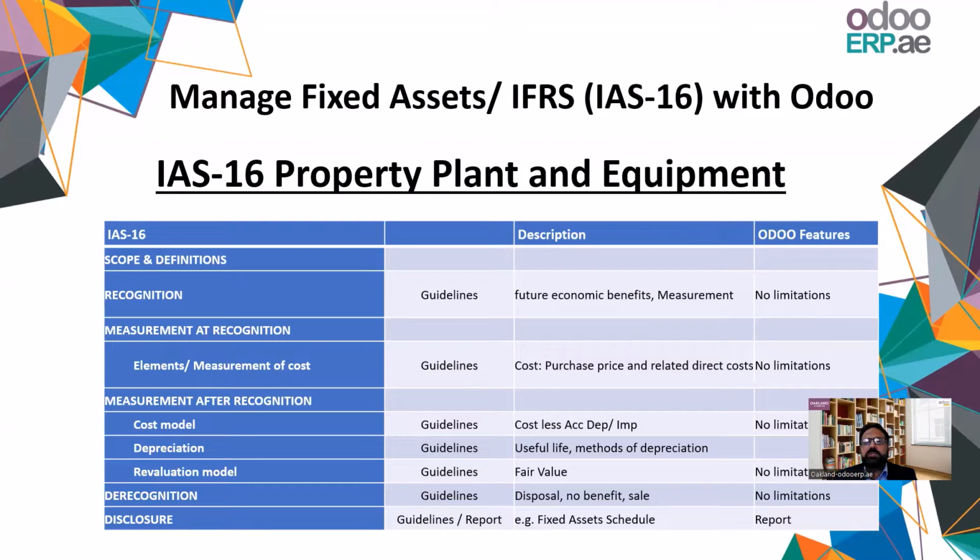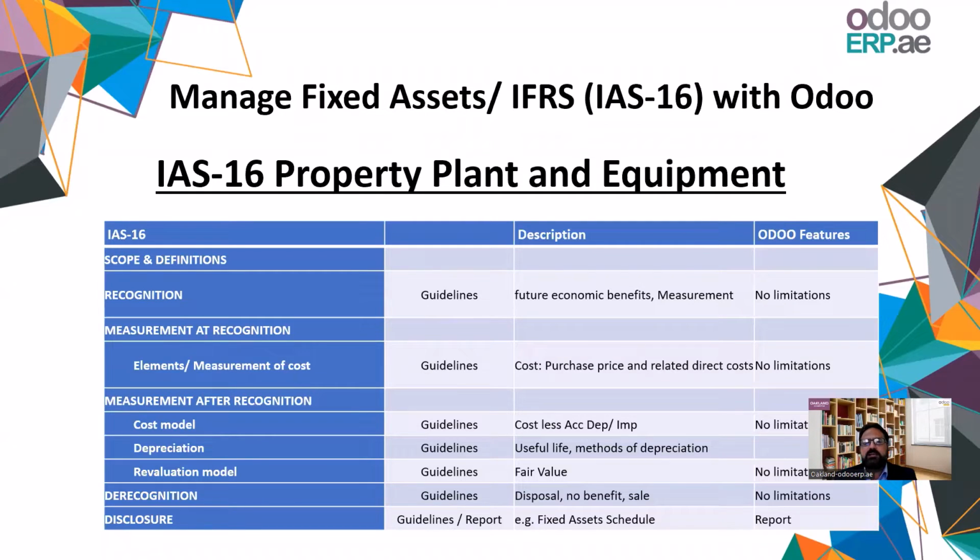When we go into the recognition, we find the guidelines on the recognition of the cost of property, plant, and equipment as an asset based on future economic benefits and the measurements.